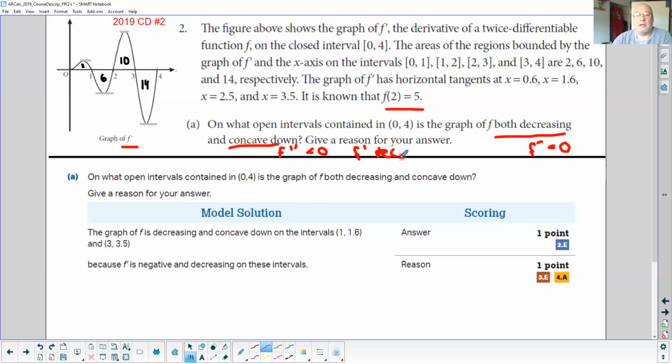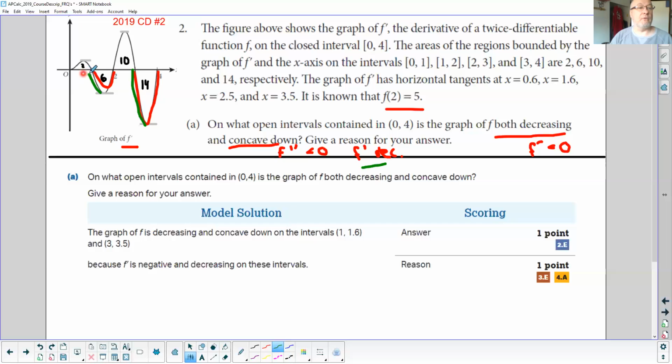Oh, I really need some stylus and a writable surface for this. All right, so how do I know when f prime is negative? F prime will be negative down here and down here. So which of those points are also decreasing? Those will be the double parts.